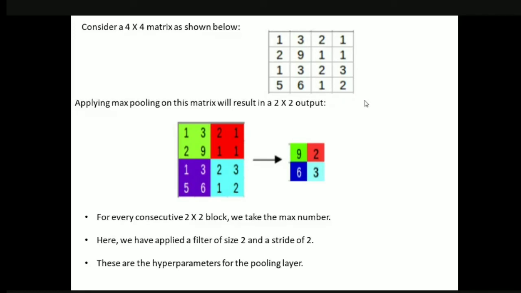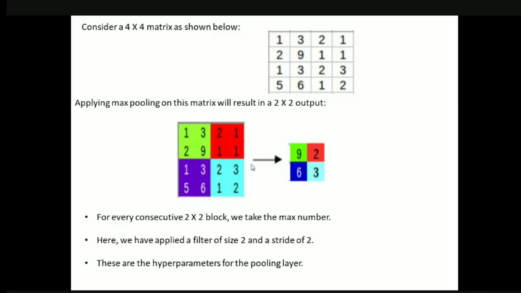Max pooling is nothing but for every consecutive 2 by 2 block, we will take the maximum number. If you see the colored image on the left side, this is a 2 by 2 block with green color, and the next one is a 2 by 2 block with red color, and the next one is a 2 by 2 block with blue color, and the next one is a 2 by 2 block with some sky blue color. Now in the first 2 by 2 block, what is the maximum number? 9.